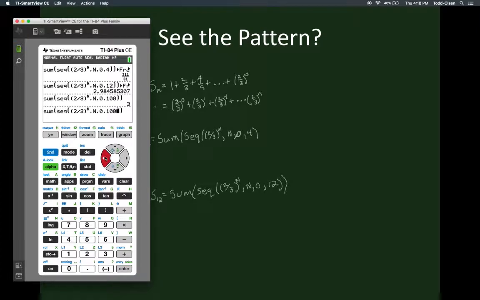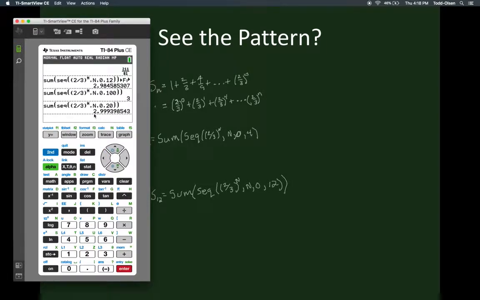Let me do one more. Let me back this up a little bit. And instead of trying to go straight for 100 like that, let me do this. So see, now we're at 2.99939 miles. And say we're now at 30 steps. Let's see. Now we're at 2.99999. And then we go 40.